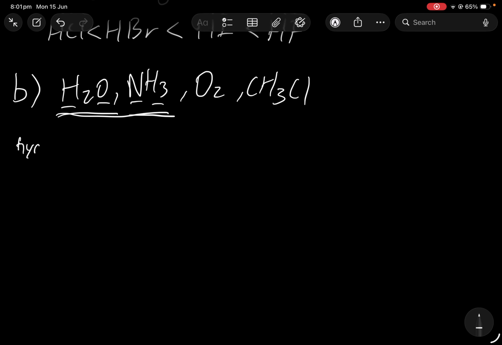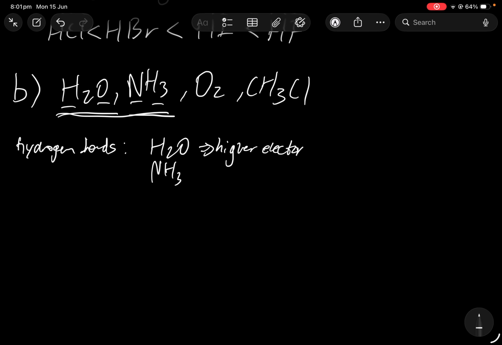So we'll put the hydrogen bonds, H2O and NH3. First, oxygen has a higher electronegativity, which means it will hold on to the hydrogen harder, and it will pull on the other hydrogen from another H2O harder, giving it a higher intermolecular force and a higher boiling point.